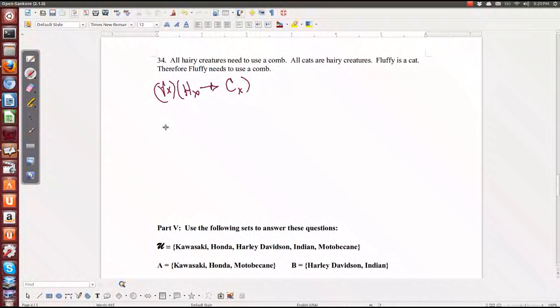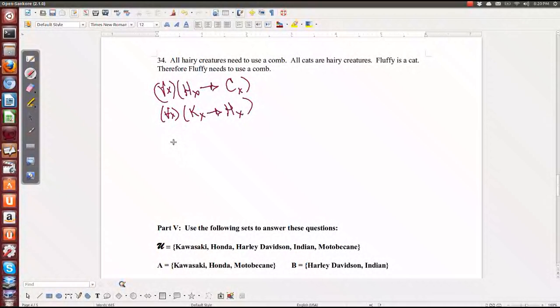And I say that all cats are hairy creatures, so that's a universal X, and I'm dealing with cat. I'll use K for cat since I already used C for comb. Conditional HX.